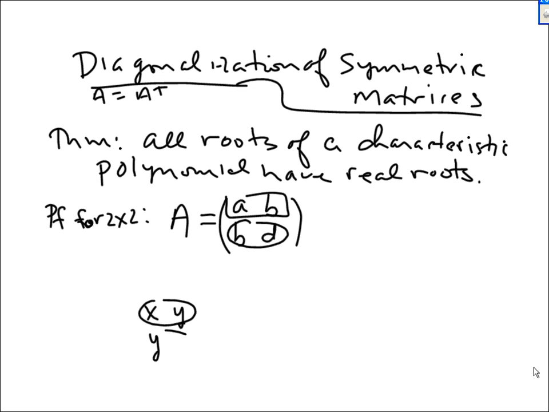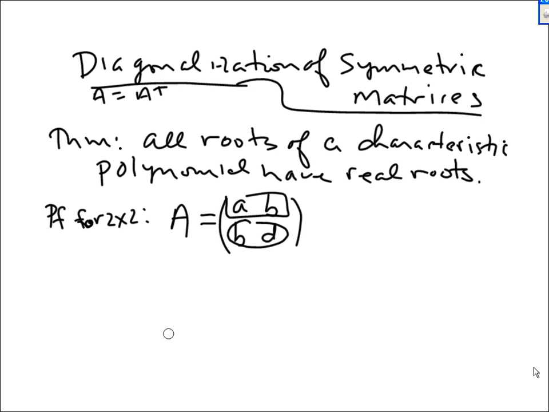And whatever you put for the second row has to be the same as the second column. And no matter what you put in this last position, the second row and the second column are both the same. So that is the only way to get a 2 by 2 symmetric matrix.